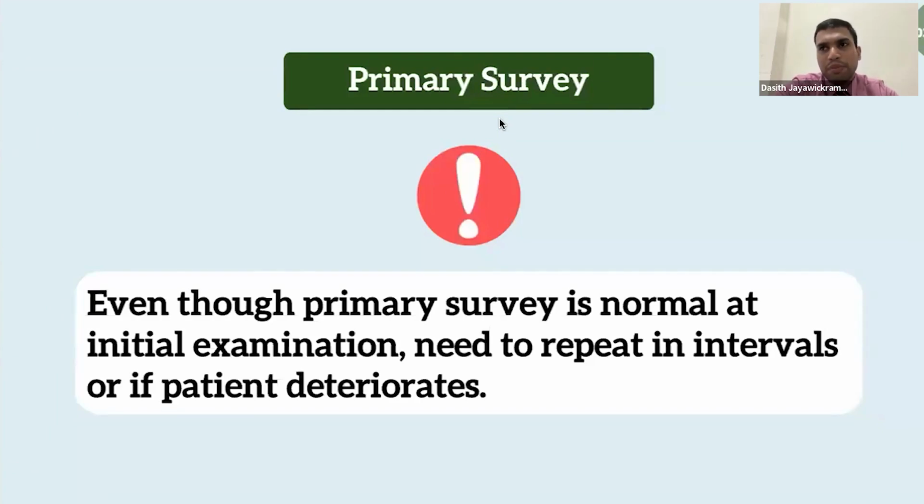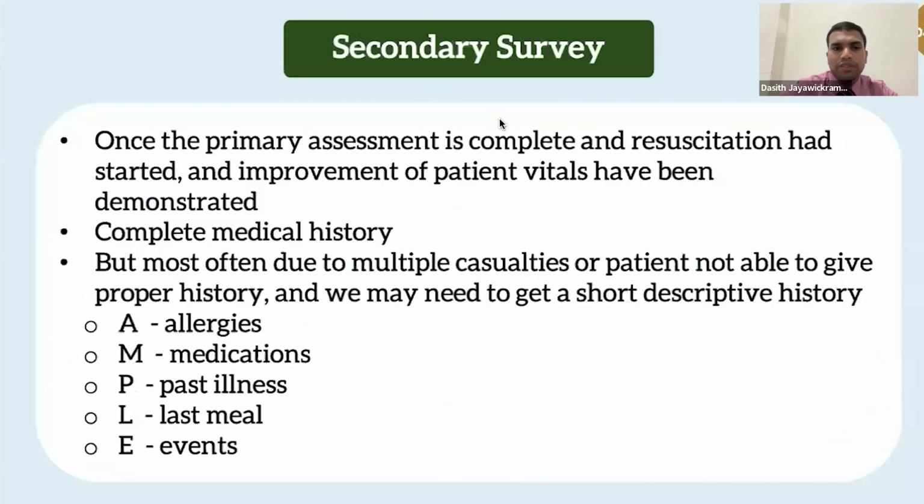If the patient deteriorates at a later stage, we should always abandon what we are doing, go back to the primary survey, redo it from A to E, and assess the patient again. Because of that, we need to repeat it at intervals to check if the patient is deteriorating. This is very important. You need to understand this. Okay, so the primary survey is done. The patient is stable.